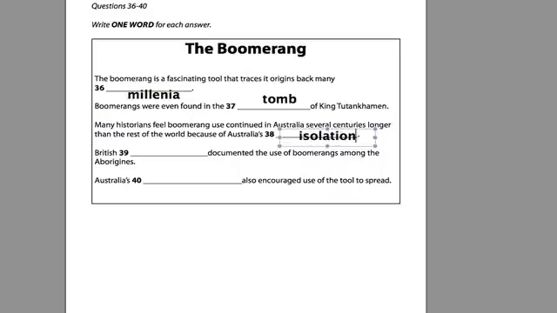So Australia is apart from the rest of the world, and this is why other parts of the world, perhaps, stopped using the boomerang, and Australia continued to use it. Now, this is the one question that I believe is stated a little bit earlier on, so you had to be listening. British documented the use of boomerangs among the Aborigines.